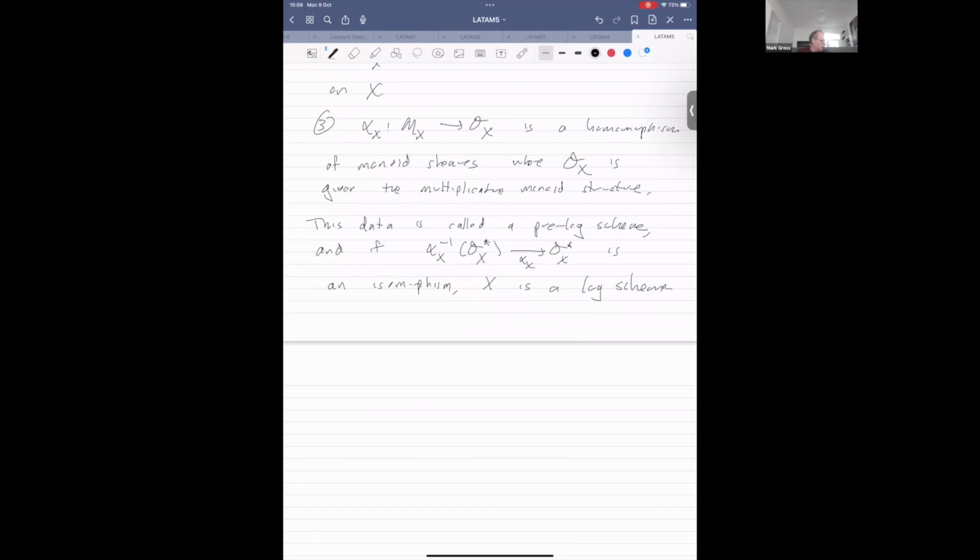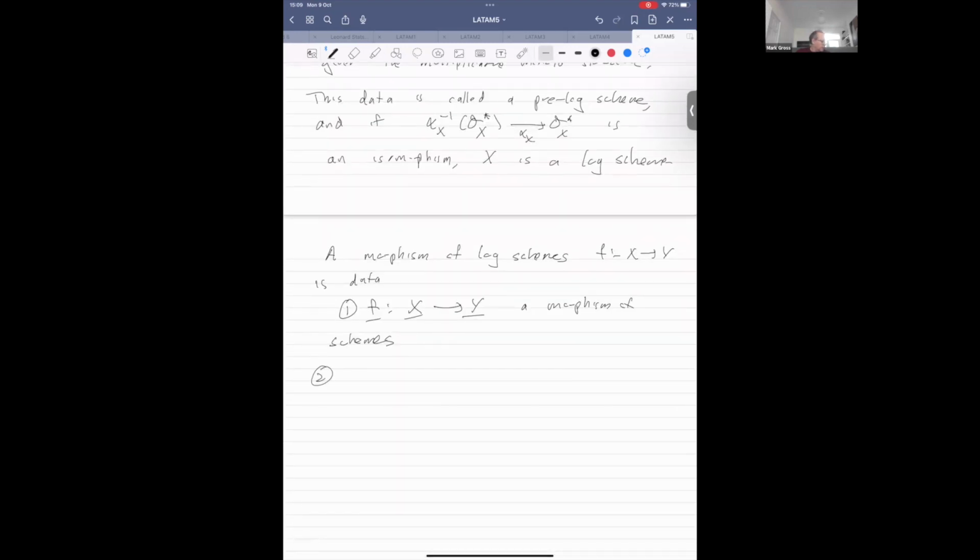So we also define what a morphism of log schemes is. A morphism of log schemes f from X to Y is data, first of all, a morphism of underlying schemes. It's just a morphism of schemes in the usual scheme theoretic sense.